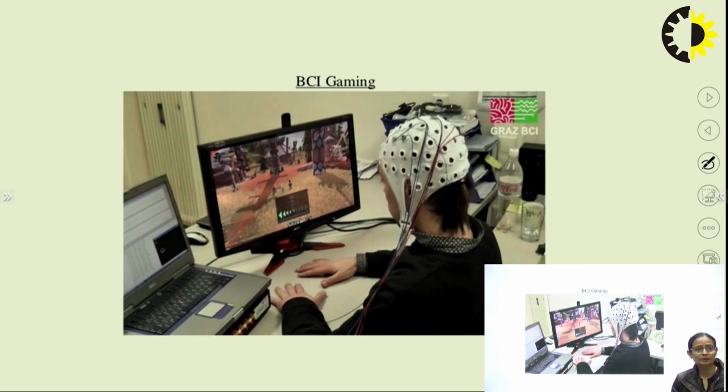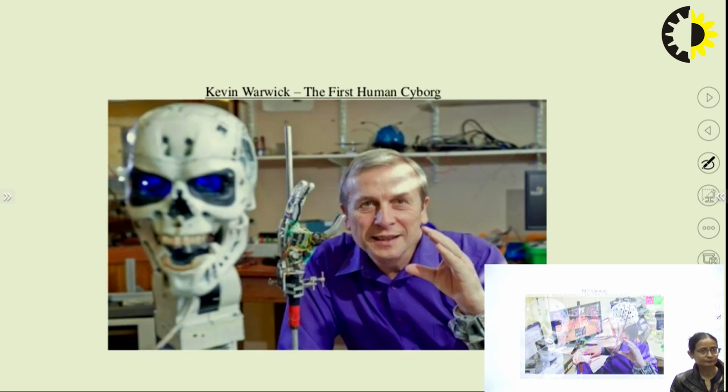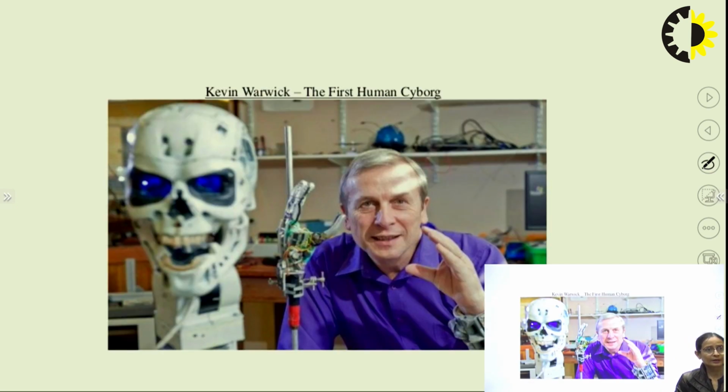This is another simple figure showing BCI gaming, where a person is not holding any kind of device in his hands, but he is playing the game. And how? With the help of his brain signals. Kevin Warwick has developed the first human cyborg, and this human cyborg works with the help of a BCI interface.